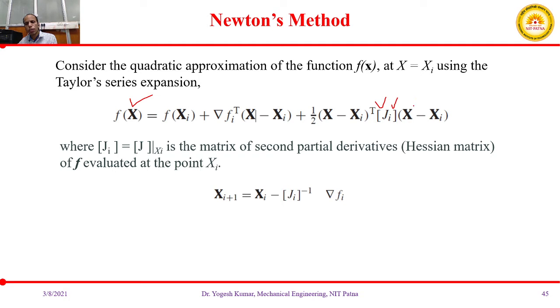This is the Hessian matrix, (x minus xi). We will be discussing how this Hessian matrix is calculated. This Hessian matrix is nothing but the matrix of second partial derivatives of your given function f(x), which is evaluated at the point xi.